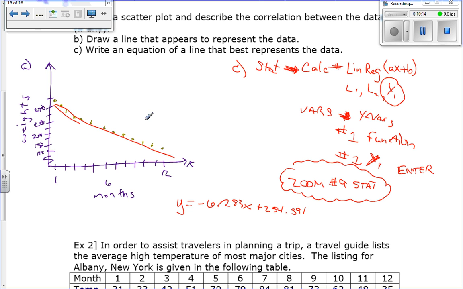If I look at my graph, if I were to try to classify this, I would classify this as a strong negative correlation, because it looks pretty much like a straight line.